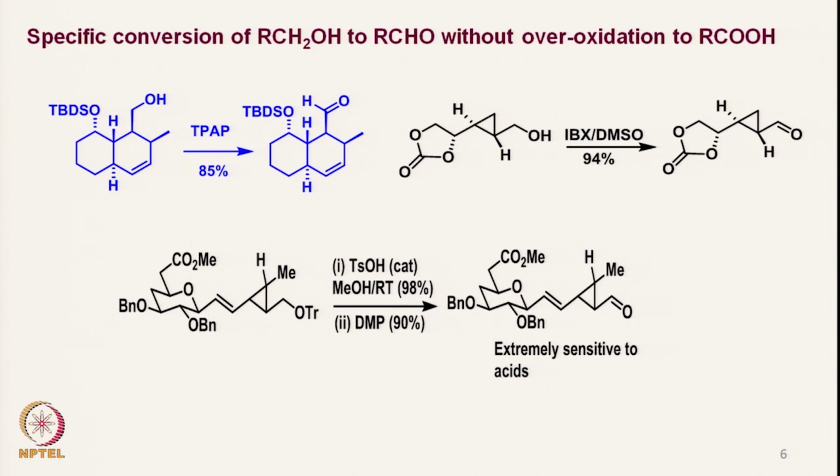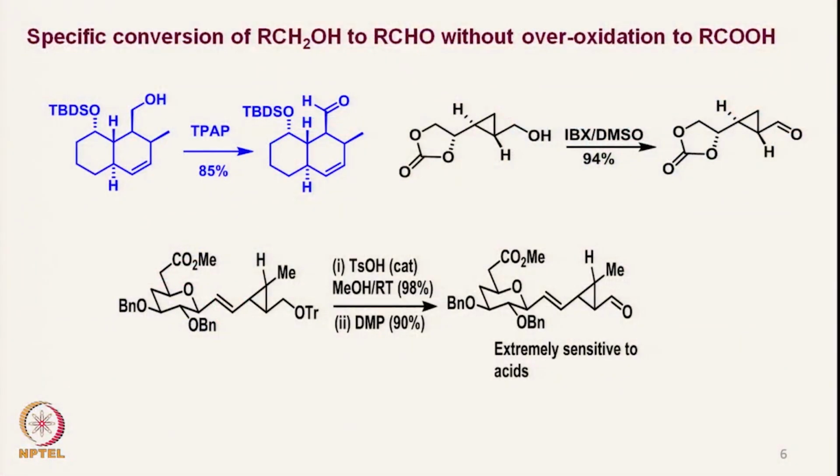Now I would like to move on to something different, which is something that we discussed earlier, where specific conversion of alcohols to aldehydes was carried out without over oxidation to the corresponding carboxylic acid. I have an intention today to introduce another relatively cheaper and good reagent which is useful at large scale.